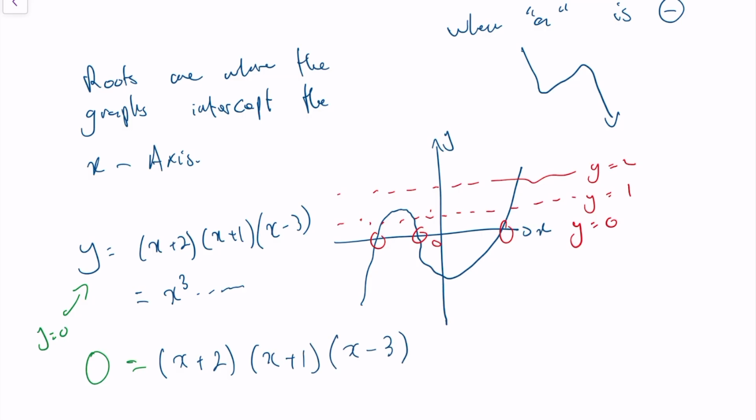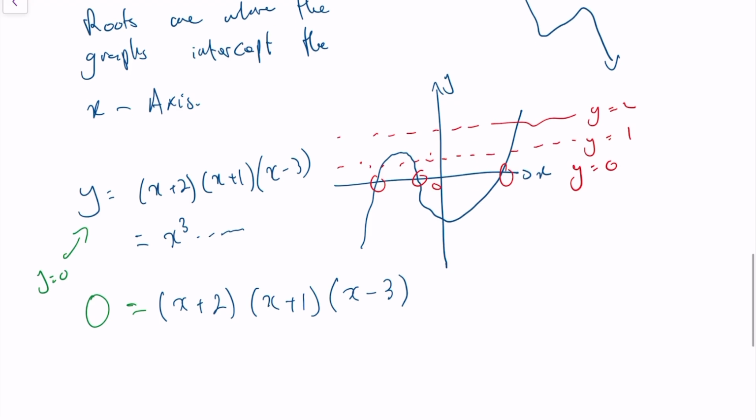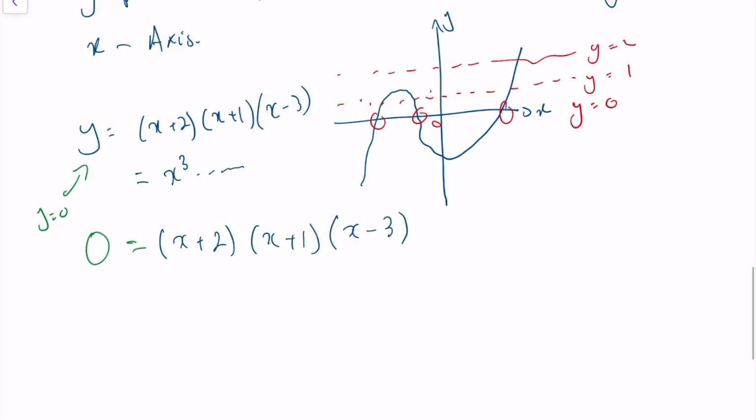So when I want to figure out my roots, I have to equate the equation to 0, or replace the y with 0, so that I know where my curve is going to cross at the x-axis, and that will give me the three solutions in this example. How do we know how to solve this? This is the exact same method as solving quadratics.